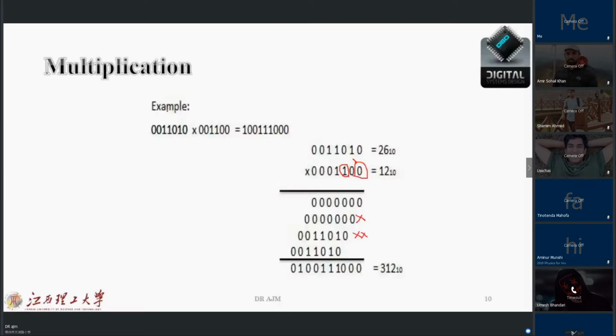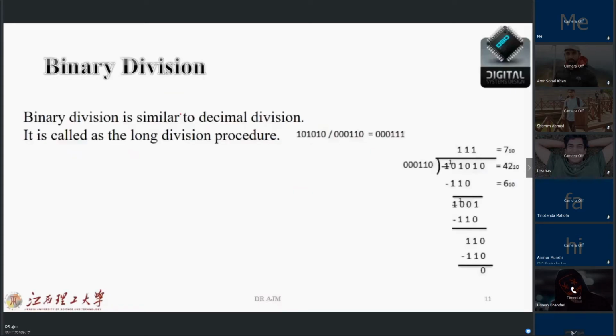Okay. What remains is binary division, which is similar to decimal division. It's called the long division procedure, as you will see here. Suppose I want to do the division between the two numbers that I show there.